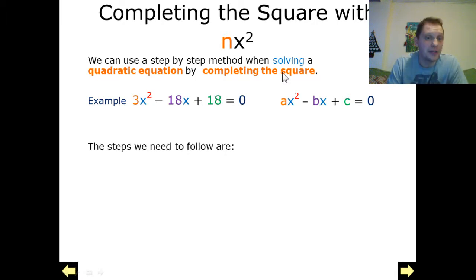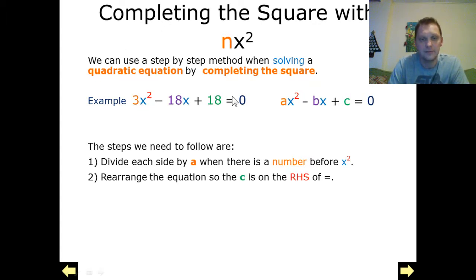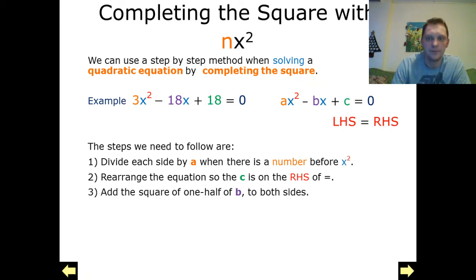So the steps that we're going to be using: first of all, we're going to divide both sides by the number in front of x squared. Then we are going to move our constant, the number at the end, from the left-hand side to the right-hand side. Then we're going to add the square of 1/2 of b to both sides, so the number in front of x.